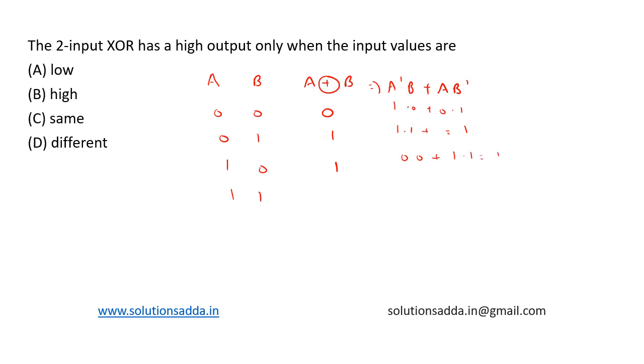And 1 1 is 0, because A bar is 0, B is 1, plus A is 1 but B bar is 0. So we have 0. So based on the truth table, we can say that the two input XOR has high output only when the input values are different. These are the cases where the output is high. When both inputs are different, we get high output. So the correct option is option D, different.